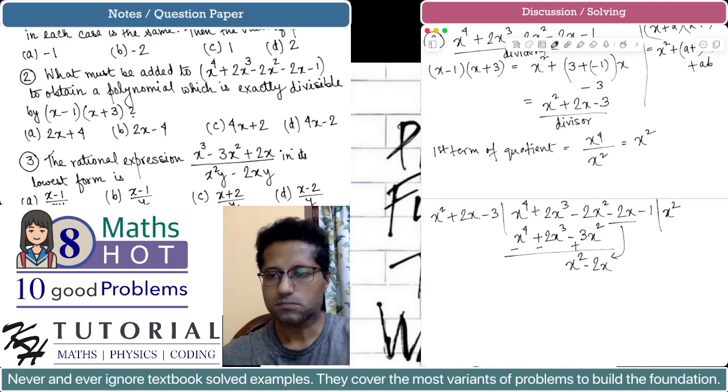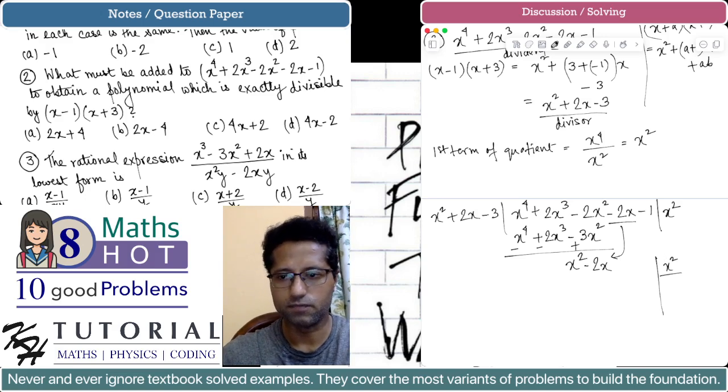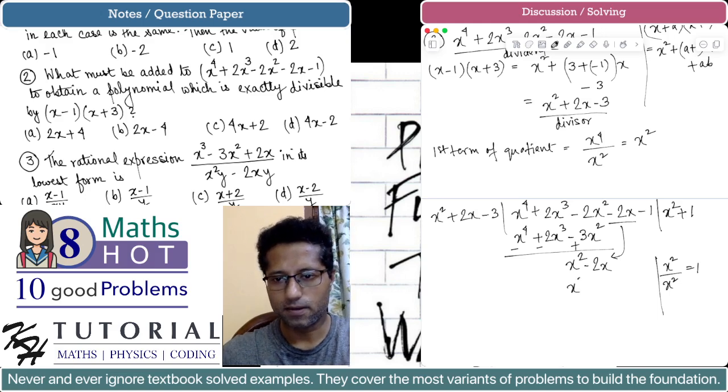Now the next term of the quotient will be the first term of the new dividend, x square, divided by the first term of the divisor, x square. It is 1. So the quotient becomes x square plus 1. Now 1 multiplied by the divisor is x square plus 2x minus 3.